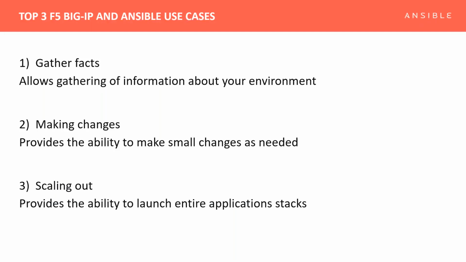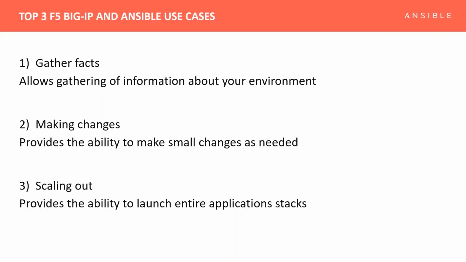That may be as simple as adding a new node to a pool or adding a VIP to a pool, or something along those lines, using the resource modules that are out there. There are over 90 resource modules currently. This applies to the cloud environment because the VEs for F5s act the same way as they would from a hardware perspective. So you're really able to control your entire F5 infrastructure using Ansible with these modules. You're moving to that, making a change, and you're doing something small.